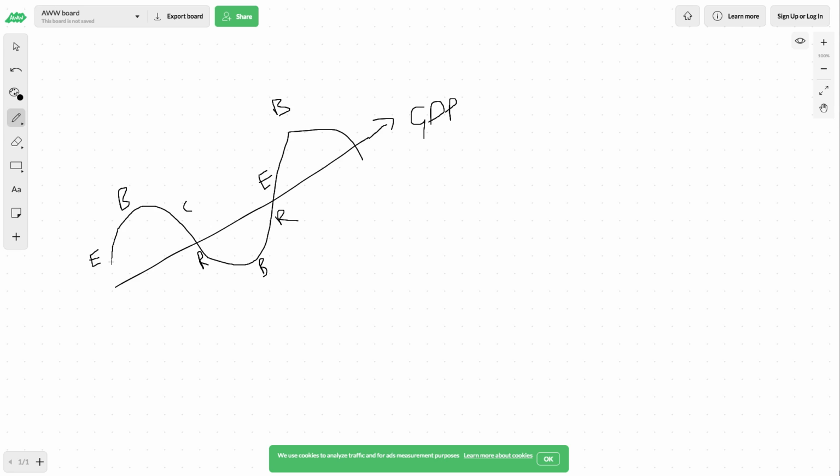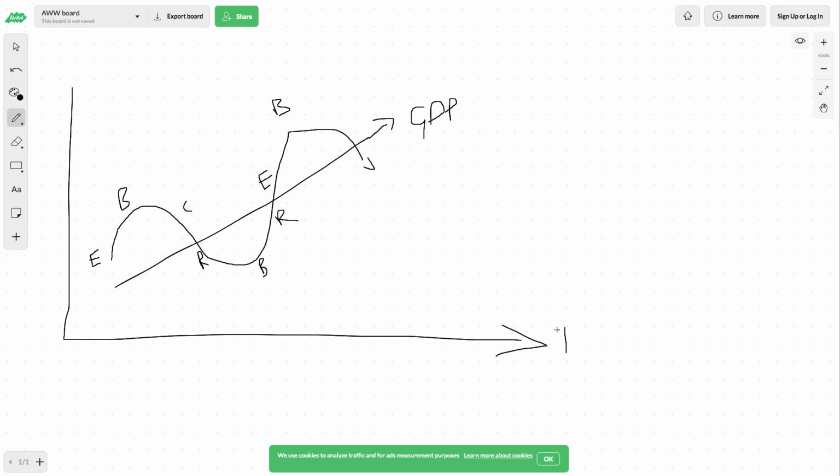Now, obviously in the previous videos, for explanation purposes, I've gone through the economic cycle. So you've gone through the expansion, the boom, the contraction, the recession, bust, slump, recovery, expansion, boom, etc., right? And it goes on like this. Now, economic cycles can take years to play out, where this is time.